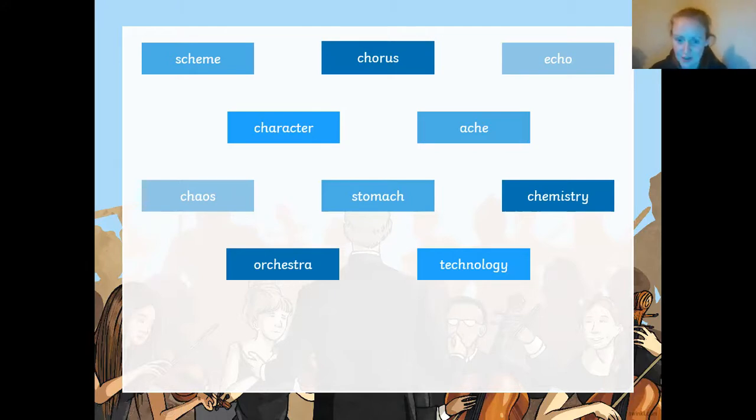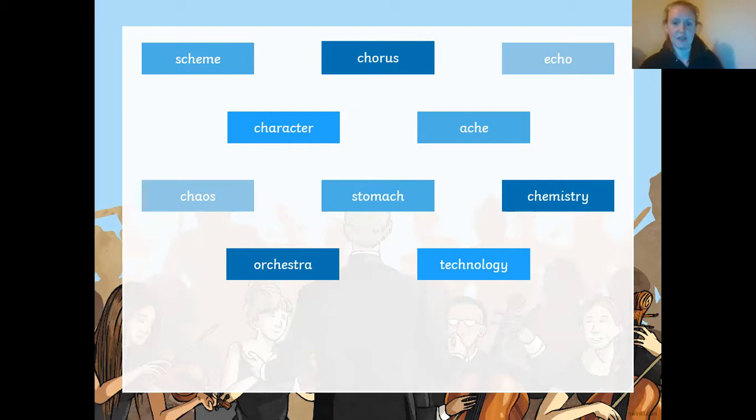Well done. So the character in, let me think of a story we've read. I can't even think off the top of my head now. The character in the story in Otter's class, we're reading Gangster Granny. His name is Ben, the character in that story.